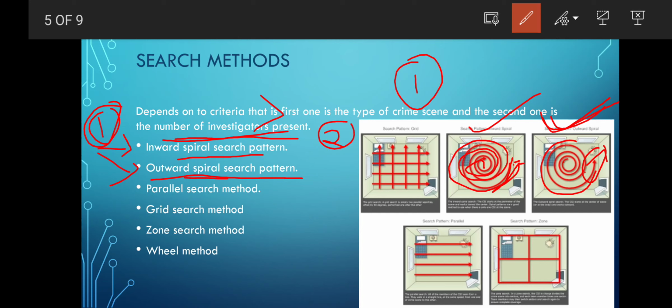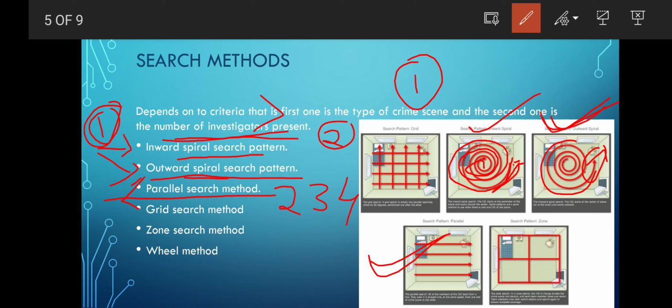Then the next we have is a parallel search method. So here this image tells us how this parallel search method will look. All the members of the crime scene team form a line. In this method we have more than one investigating officer, it might be 2, 3 or 4.